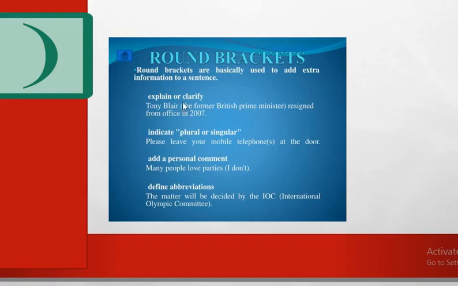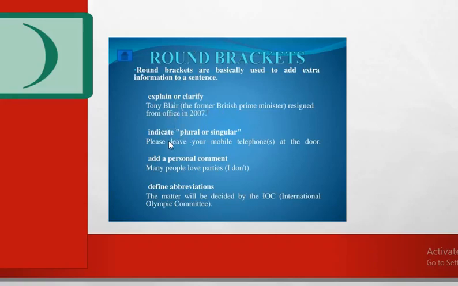Here within round brackets, in mathematics it is also called parentheses, important information is given: the former British Prime Minister, that is, who Tony Blair is.